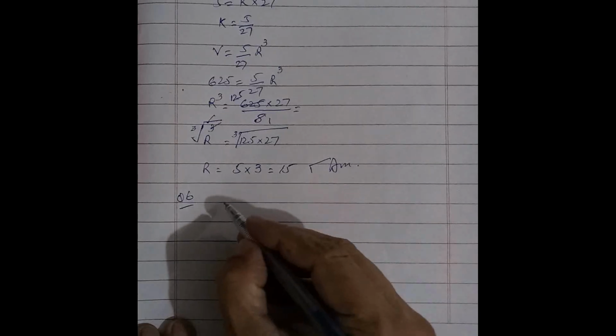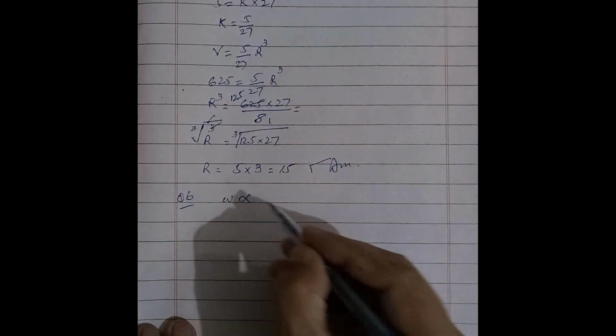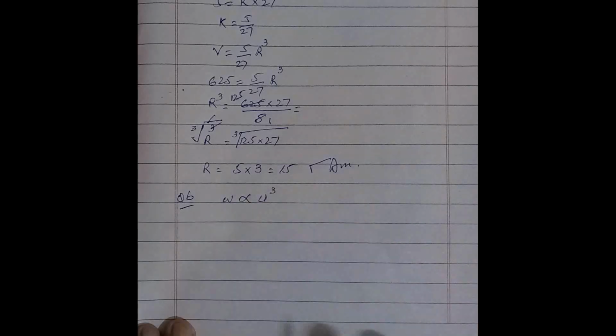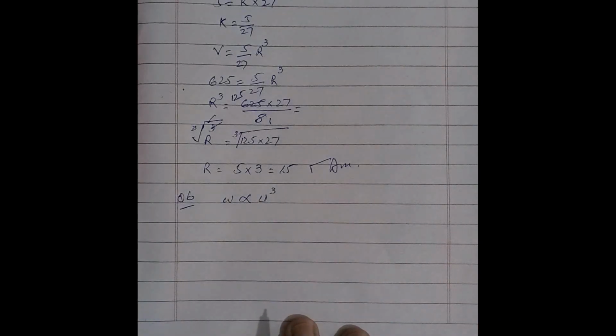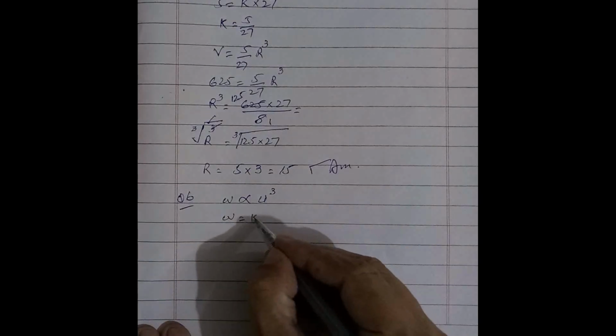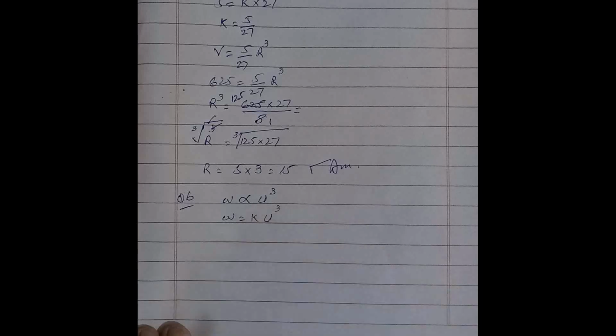In this one, w varies directly as u cube. Same method we use here. W is equal to k u cubed.